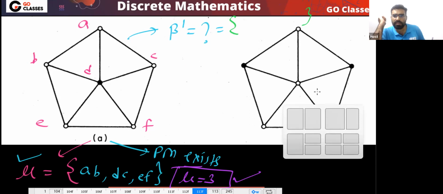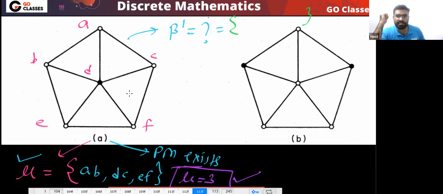We have already seen this wheel graph in the last class. You can take AB, EF, and CD. So you can notice that this beta dash is also 3, because you want to cover all the vertices.